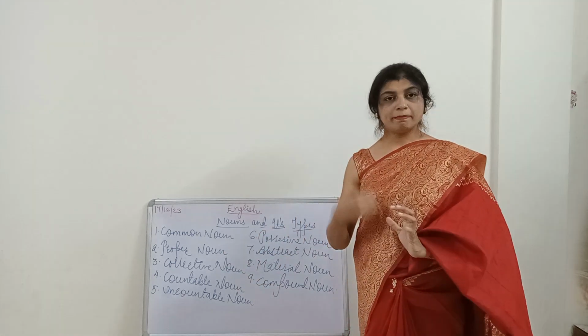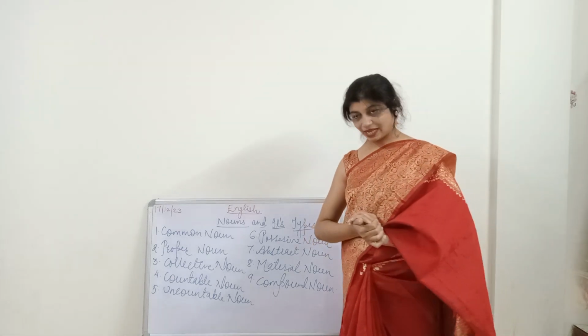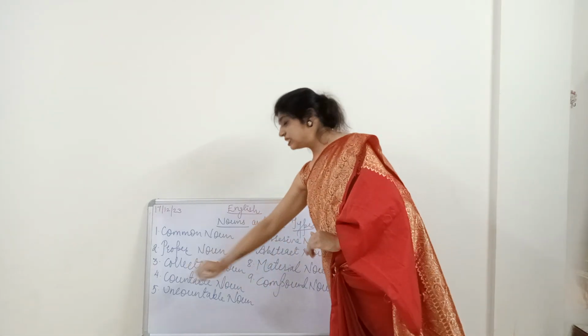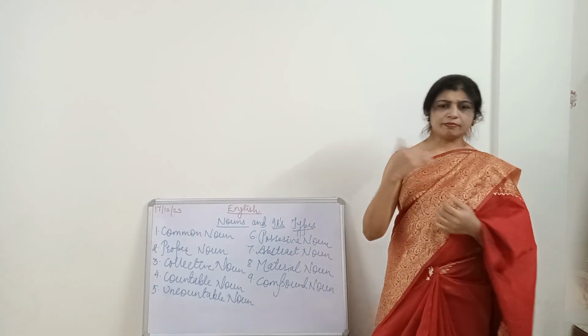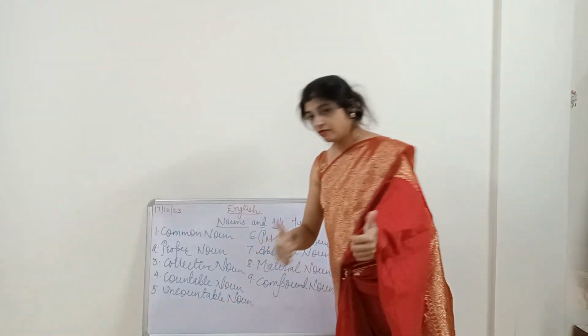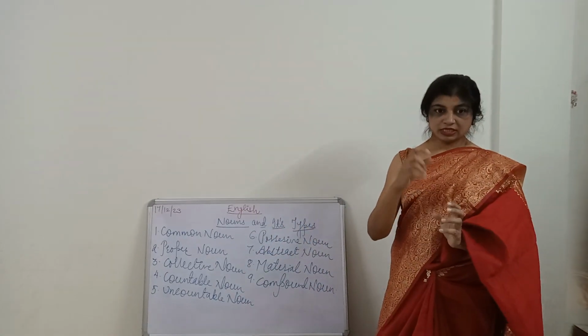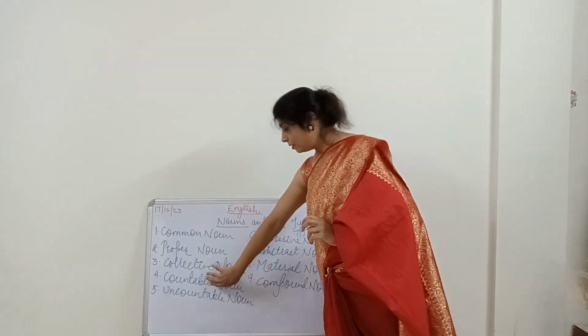So flock of, bunch of, audience, group of, herd of, likewise. Countable, the name itself indicates the nouns which you can count, pen, purses, phones, notebooks, everything. Then uncountable, which you can't count separately, individually.